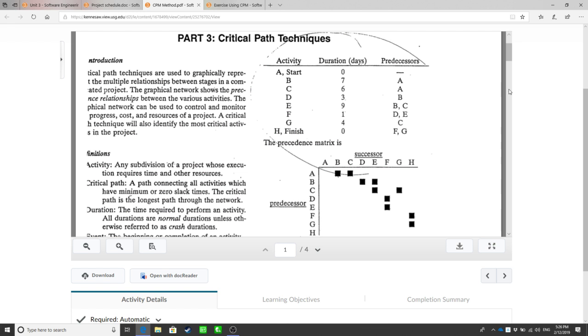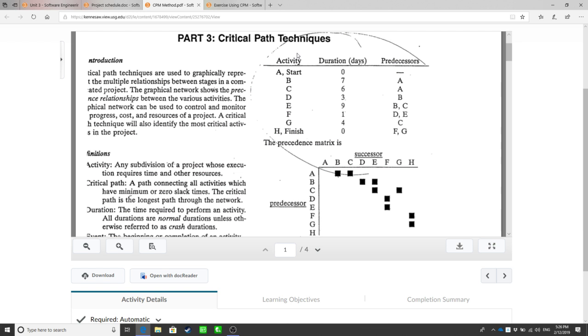Okay, so in order to understand what a critical path is, first let's look at the upper right side, this table. This is a table which describes the activities, the durations, and the predecessors.